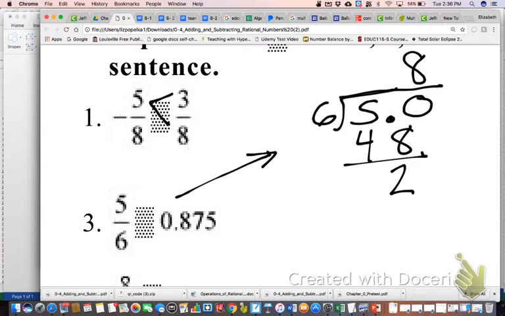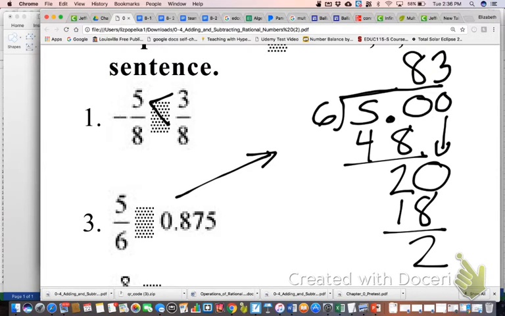I can't have a remainder when I'm turning stuff into a decimal, so I need to add another 0 and then drop it down to go with the 20. 6 goes into 20 3 times. 3 times 6 is 18. Oh, well, there's a remainder of 2 again. Okay, so I could just keep adding zeros and doing this over and over again, but I'm going to keep getting a 3 every single time, and it'll never have a remainder.